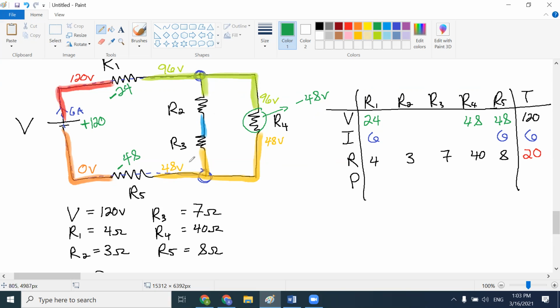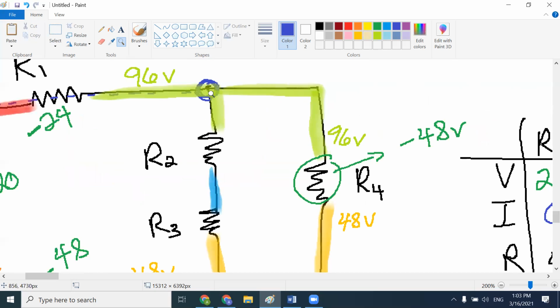So what about these ones? That's tricky. Let's keep going on R4 since I got the voltage and the resistance. I know the current will be 1.2. In the previous examples, I always zoomed in at this junction here to show you how the current was behaving, and I did it because of this.